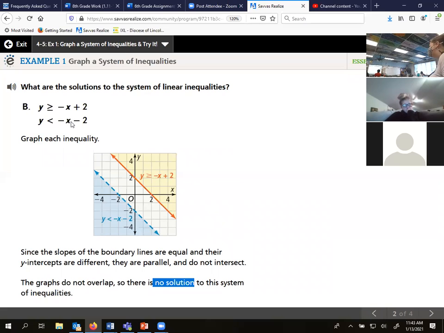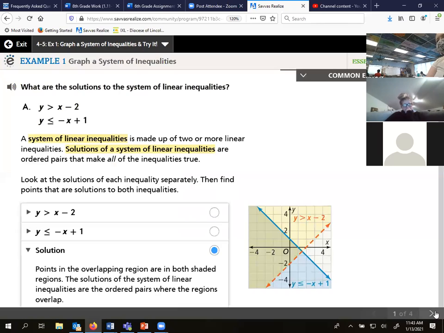There's no solution. Okay, so if we went back to this one, and I picked an ordered pair in this double shaded area, like even the 0, 0, I plug in a 0 for Y and a 0 for X, both of those would be true. Is 0 greater than -2? Is that true?